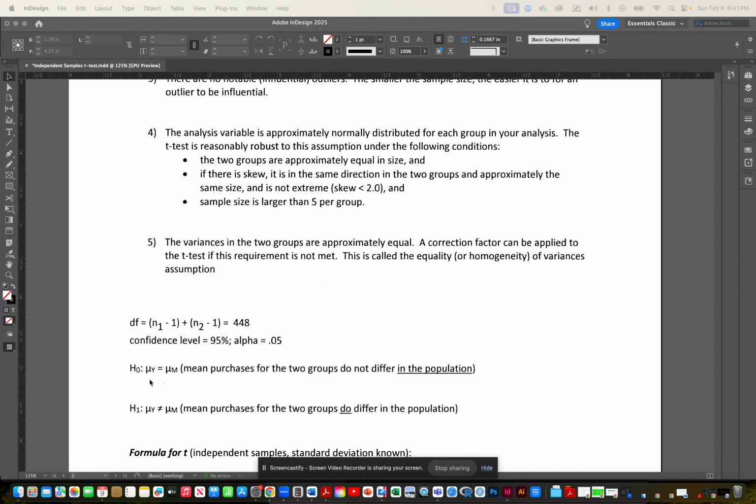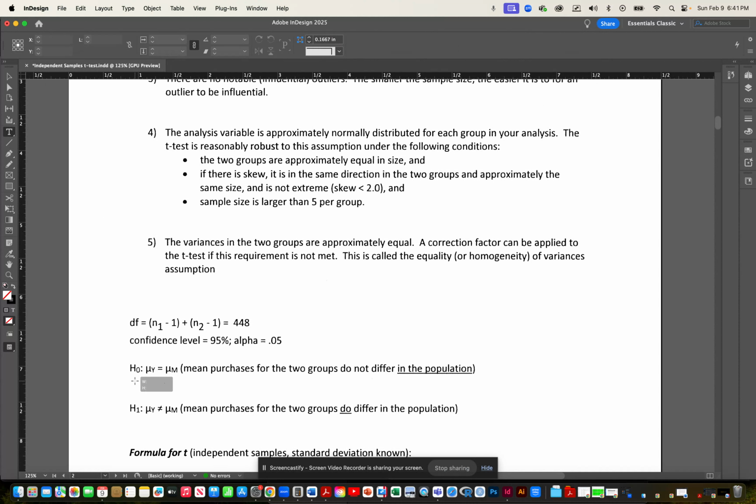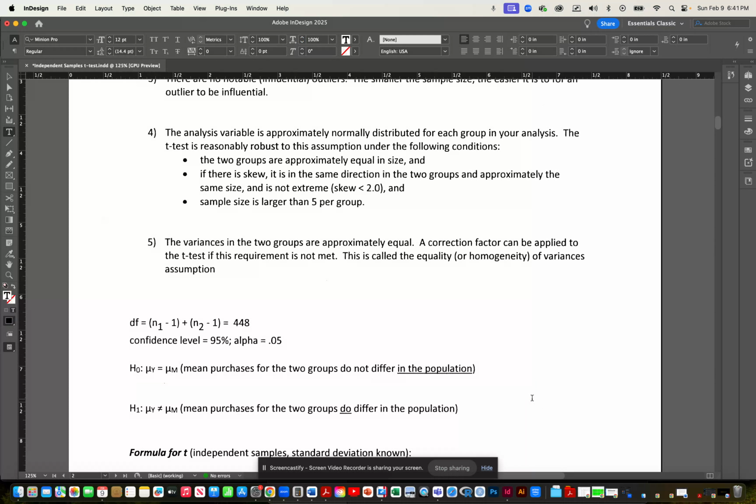The mean purchases for the 2 groups do not differ, hence the equality. Another way to put this, let me type this in, is: in the population, young and mature professionals make the same number of coffee purchases.